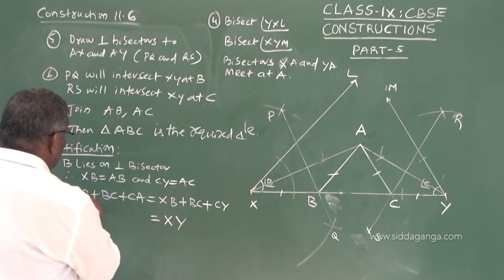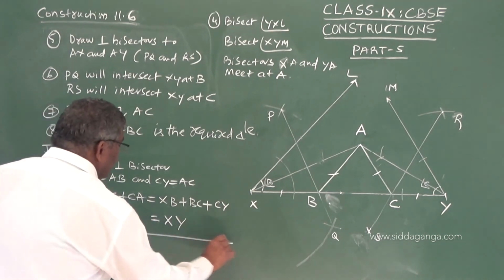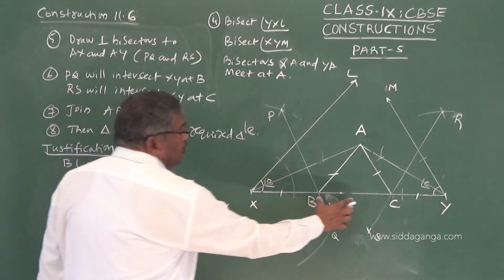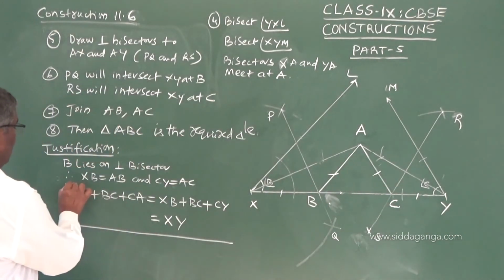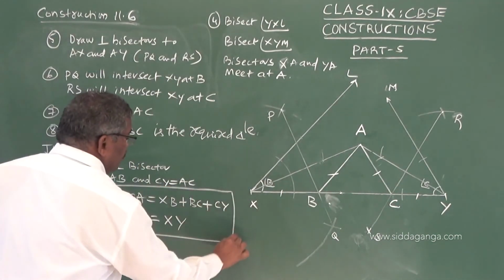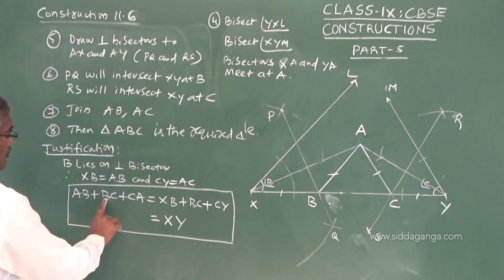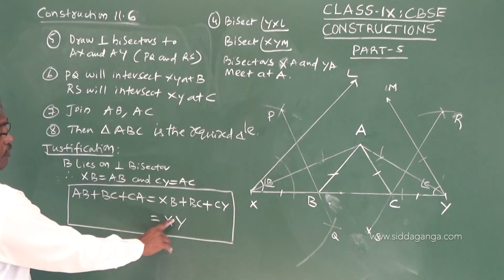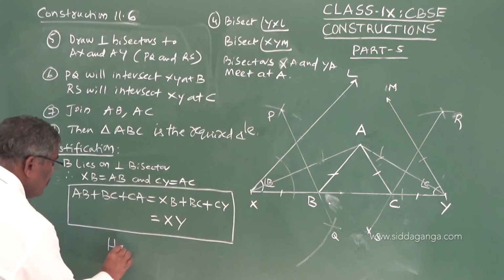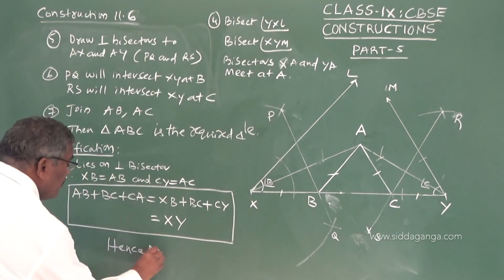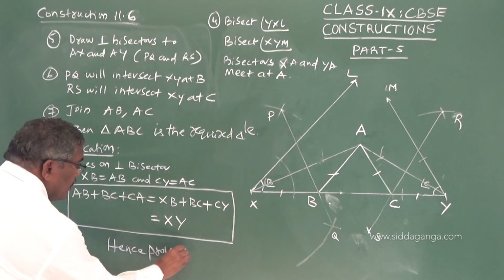You understand this only by seeing the diagram. The sum of these three parts is equal to XY. So therefore, we have proved that the perimeter is equal to XY. That is what we have taken earlier. Hence proved.